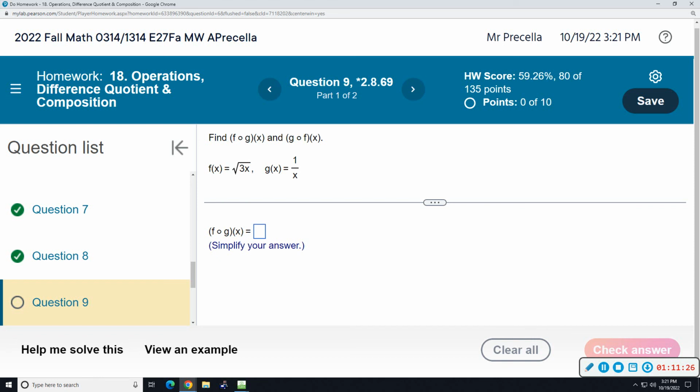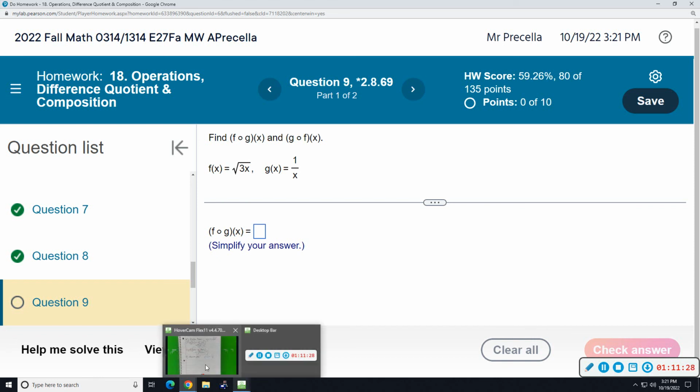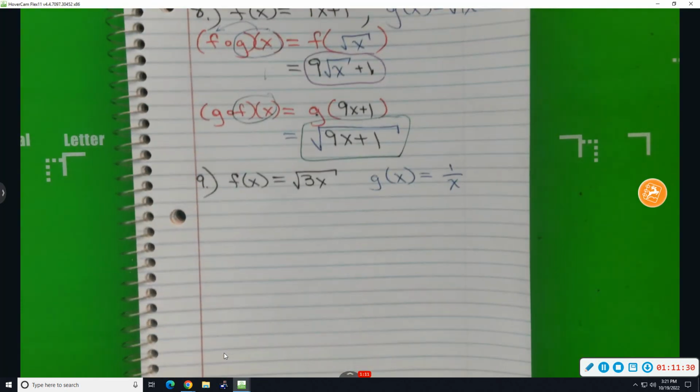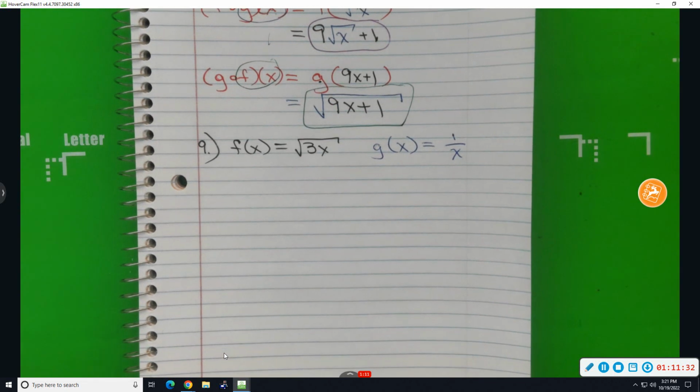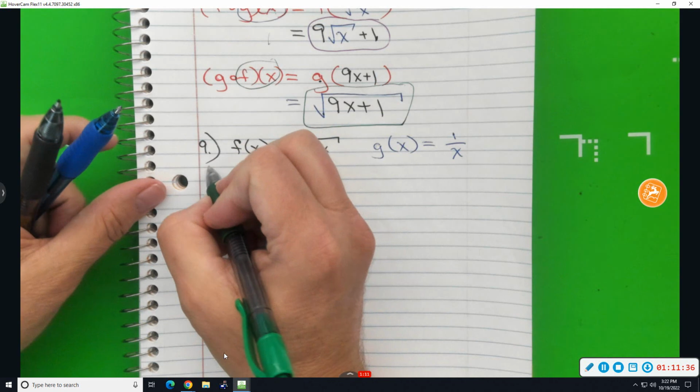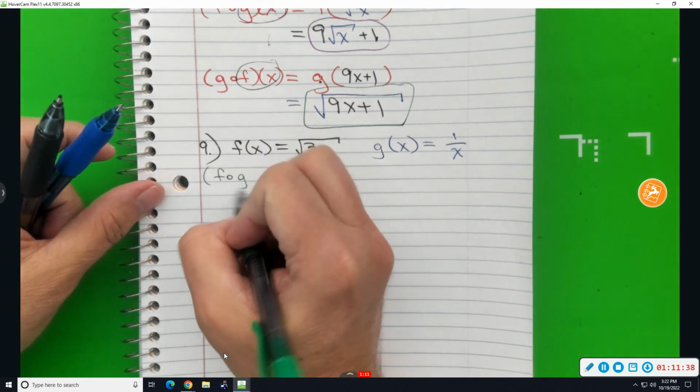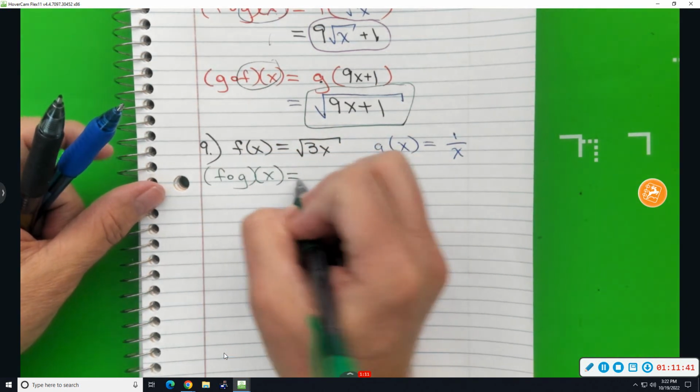So we have to find f composed with g and g composed with f.